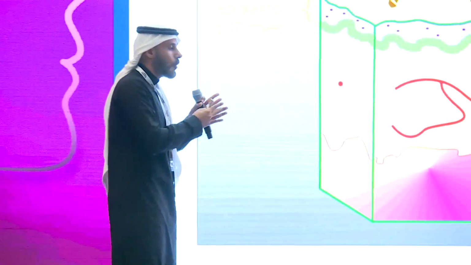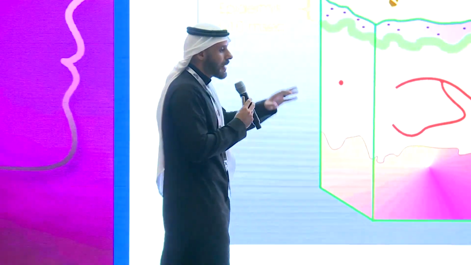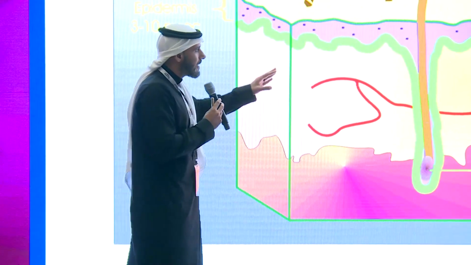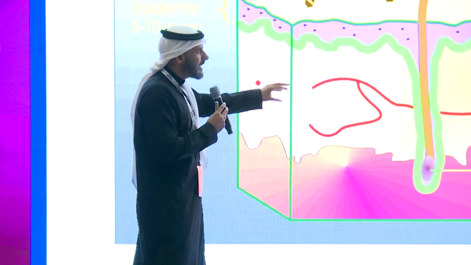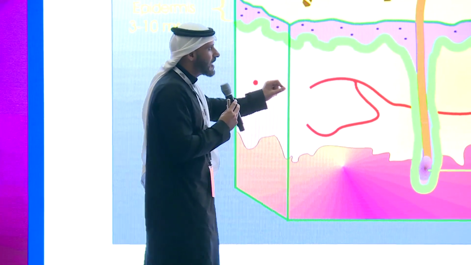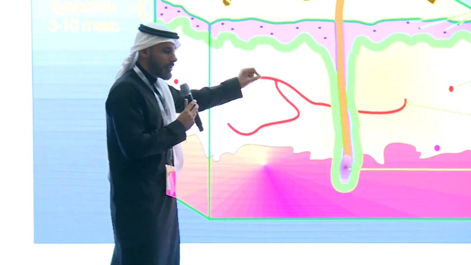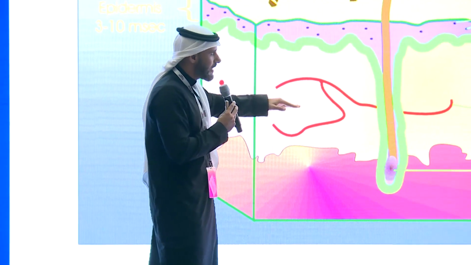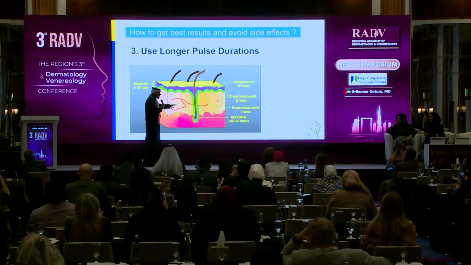The third one is using longer pulse duration, which is a given, because you want to use a pulse duration which is shorter than the thermal relaxation time of your target. But here, we can see the very short thermal relaxation time of the small melanosomes of the epidermis. So you try to bypass these and use a longer pulse duration to target, for example, the hair follicle.